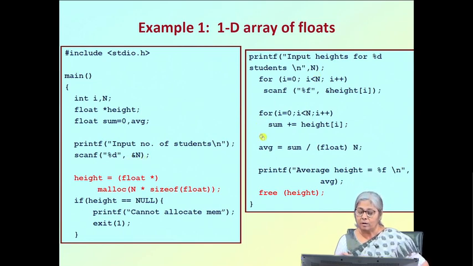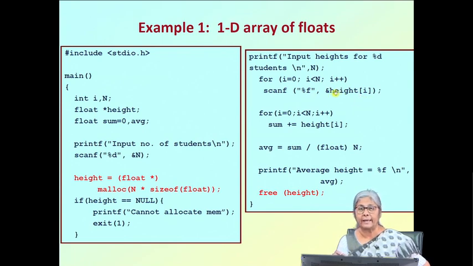Now, we have to read the heights of every student. So for i equal to 0, i less than n, for each student we are reading scanf ampersand height[i].